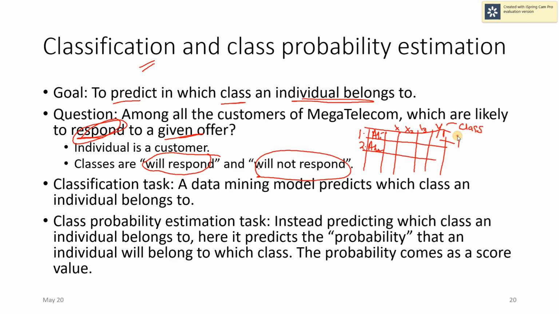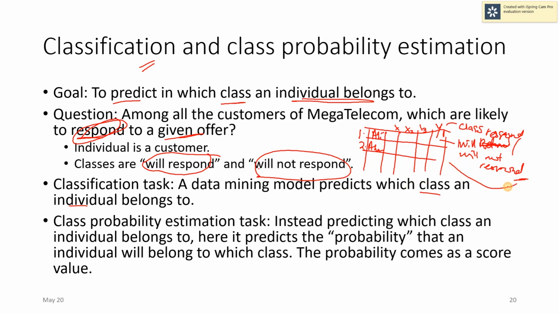So for example here you nak predict will respond or will not respond. Okay. So in a classification task, a data mining model predicts which class an individual belongs to.